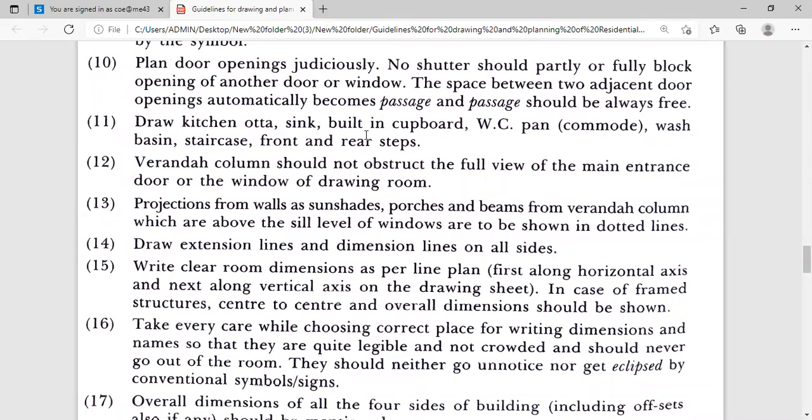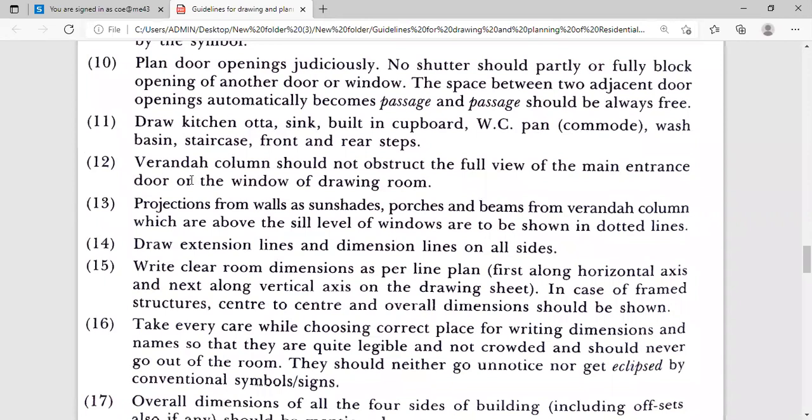You should have a clear idea about each and everything, means what things you are going to provide in a particular room, okay. So then whatever things will be there, it will go smoothly, okay.